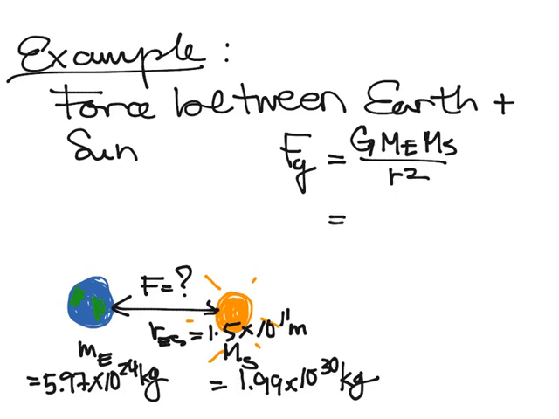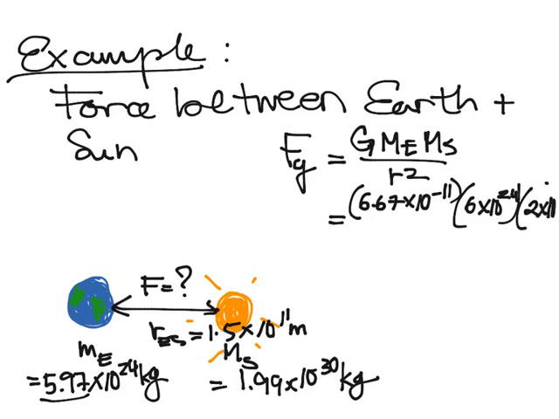And if we put in all those awful numbers, we have 6.67 times 10 to the minus 11 times, I'm going to round, this is about 6 times 10 to the 24 times 2 times 10 to the 30, all divided by 1.5 times 10 to the 11th squared.